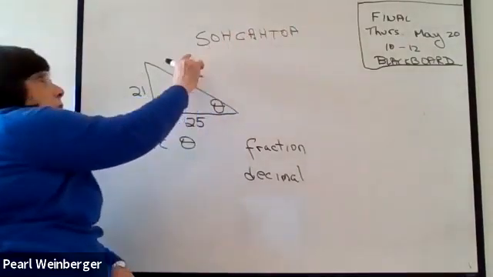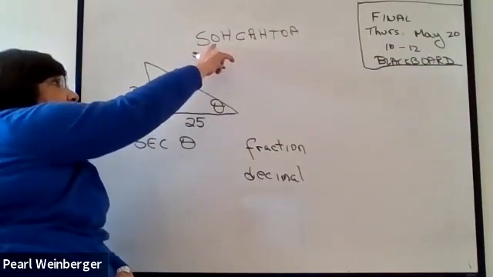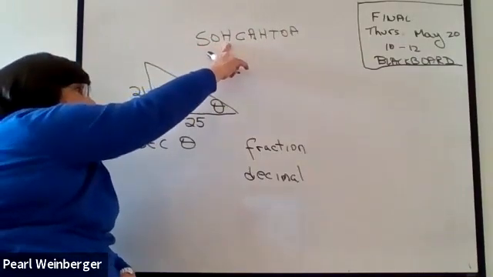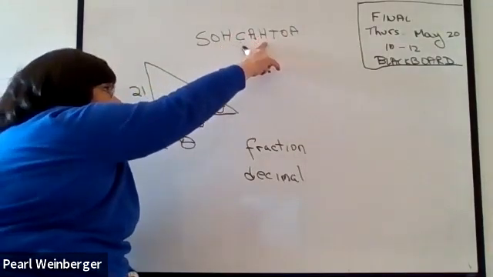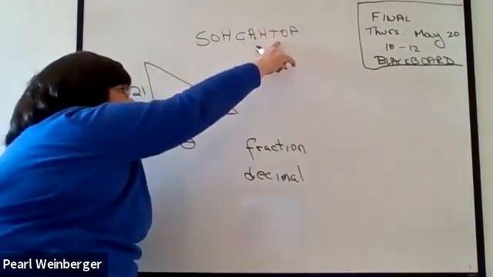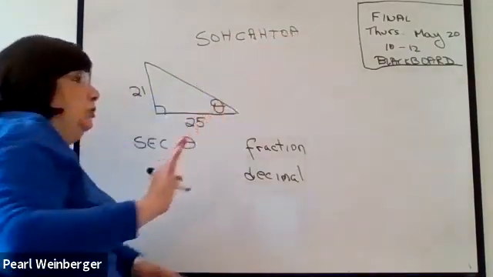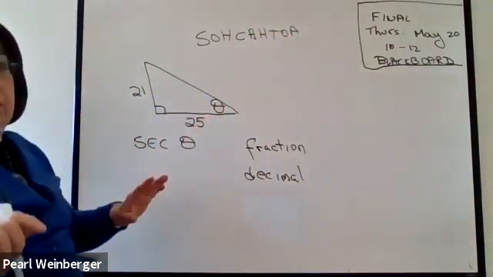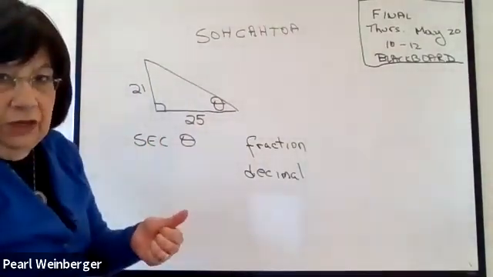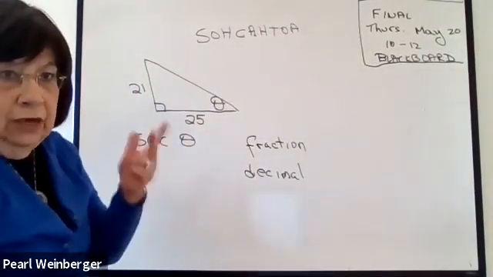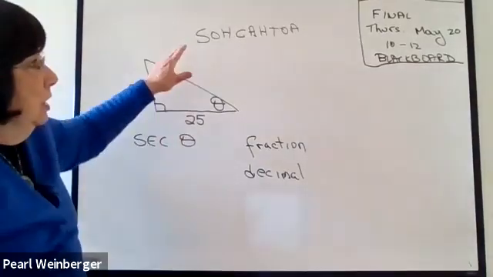Which stands for the sine is opposite over hypotenuse. The cosine is adjacent over hypotenuse. The tangent is opposite over adjacent. That tells us what we need to know in order to find either the sine, the cosine, or the tangent.